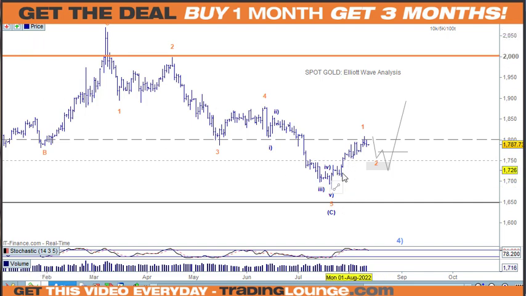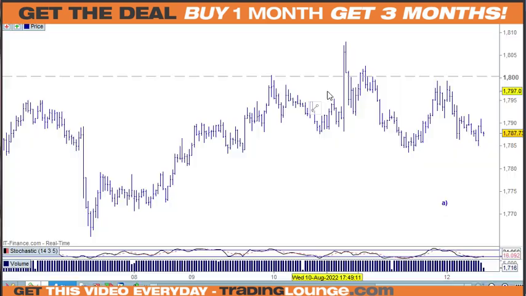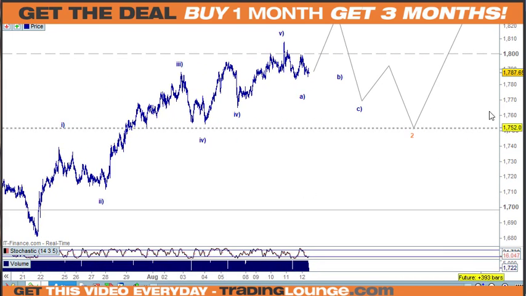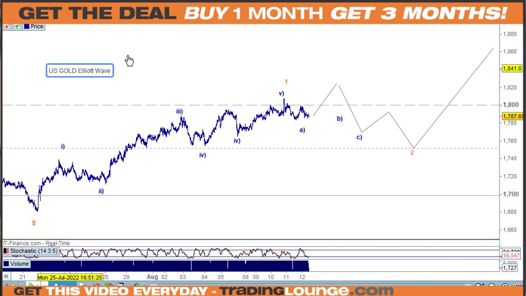So looking at this move to the upside here in a bit more detail, go to 5k tick here just to get it nice and clear. And the thing here is that I'm not quite sure, I haven't had time to ponder this here, but we've got a nice wave 1 here, so that's secure. Wave 2, wave 3 is kind of nice.